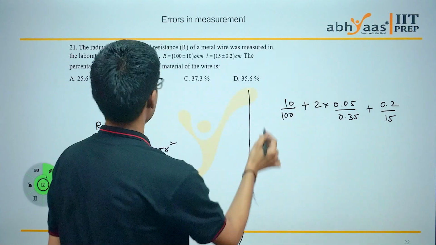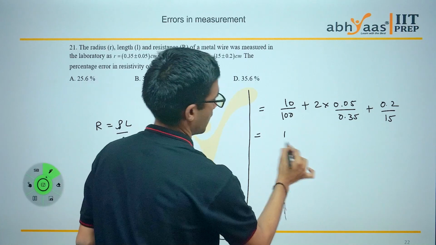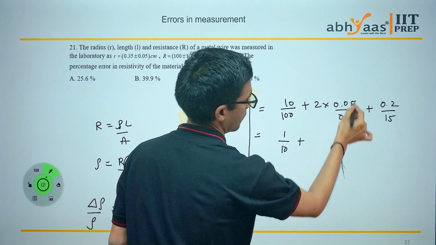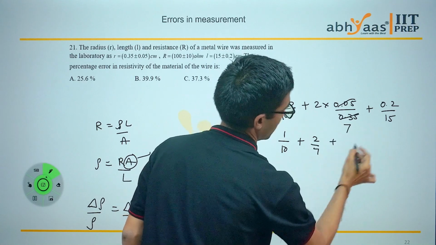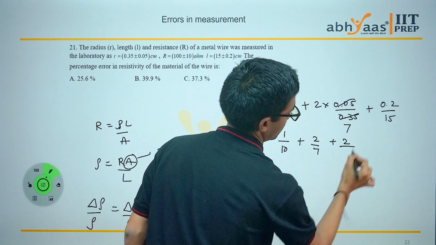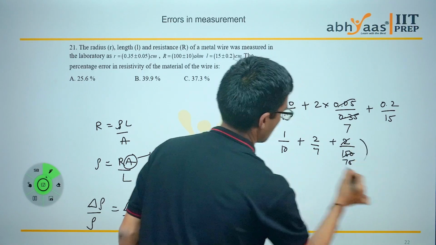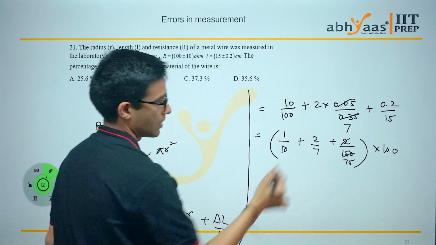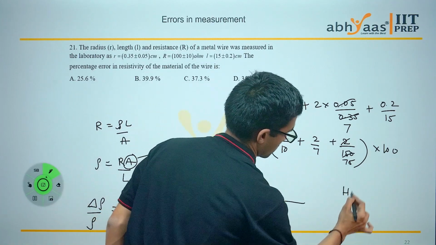If you calculate: 1 by 10 plus 2 by 7 plus 1 by 75, into 100. You can try to calculate this one, this is the homework part.